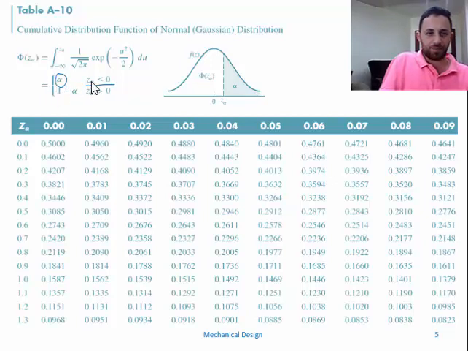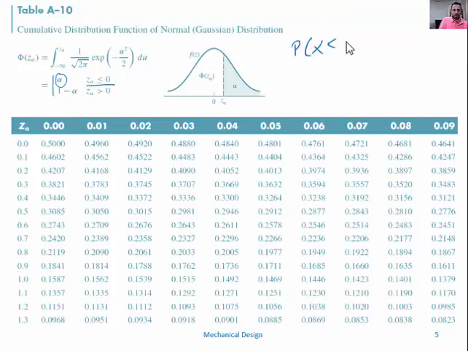So if we are saying, let's say, the probability of z less than minus 0.1, we can just look over 0.1, and this is negative, then it is equal to alpha, which is 0.4602. If we want to obtain the probability of z less than 0.1, 0.1 is positive, z is positive, so we need to put 1 minus alpha, so 1 minus 0.4602.